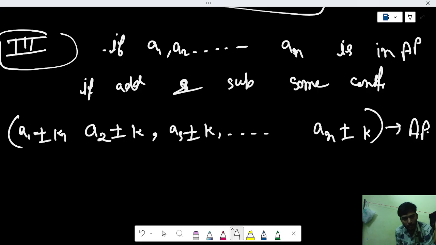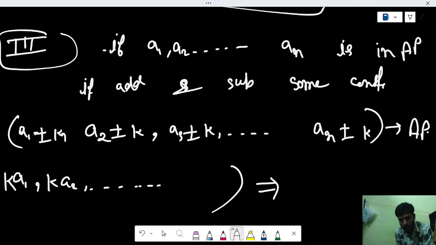And if we multiply by some constant number in AP, then it is also in AP. For example, if 3 is multiplied within AP, 3 into A1, 3 into A2, and so on is also in AP.